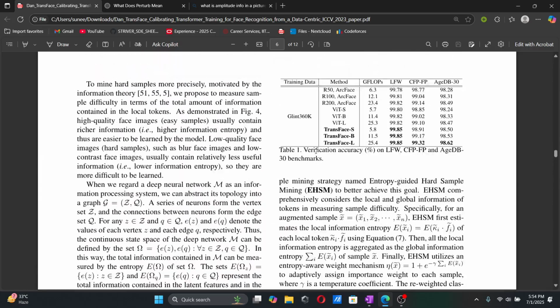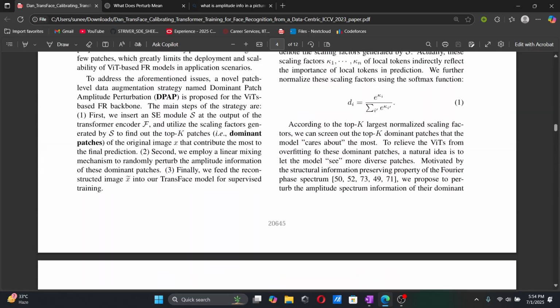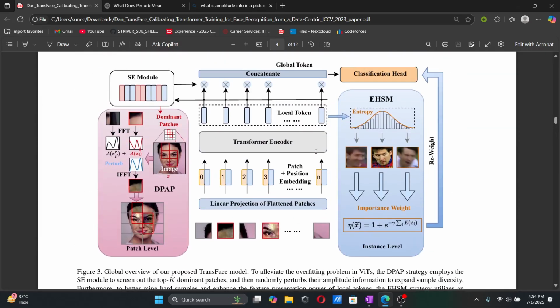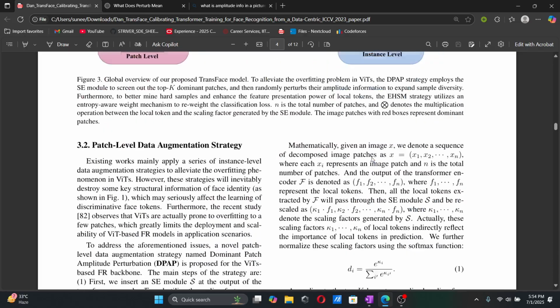Let us look at the image and try. So the weightage in the loss is given by HSM, right?